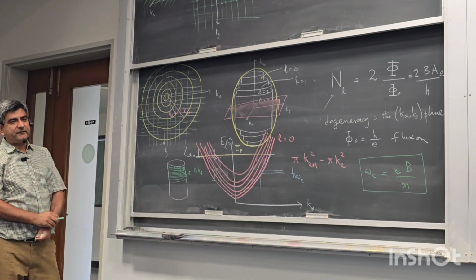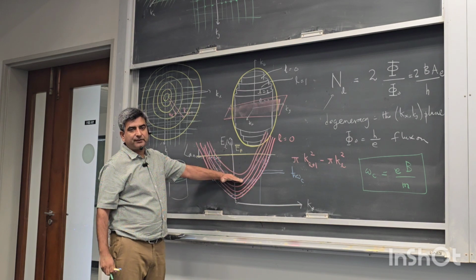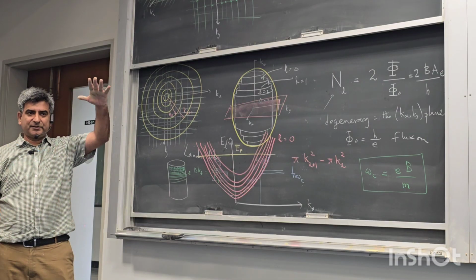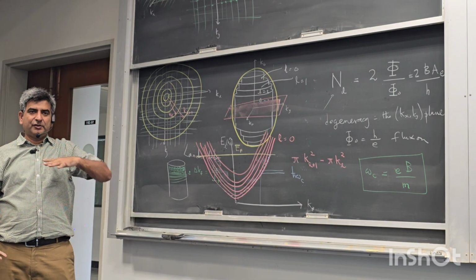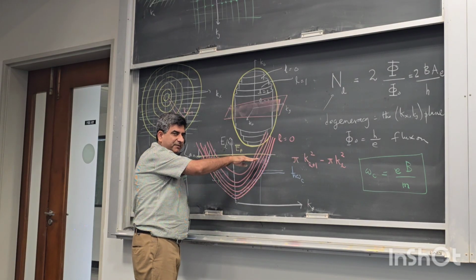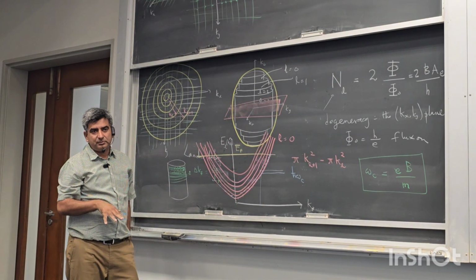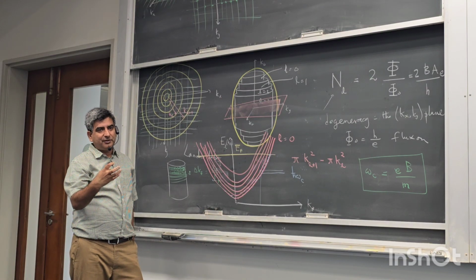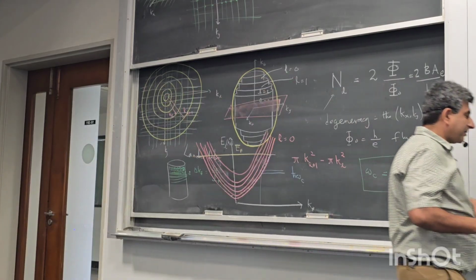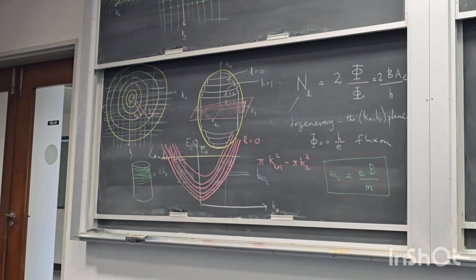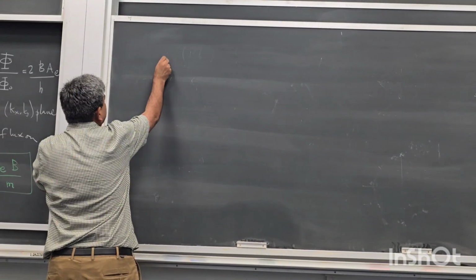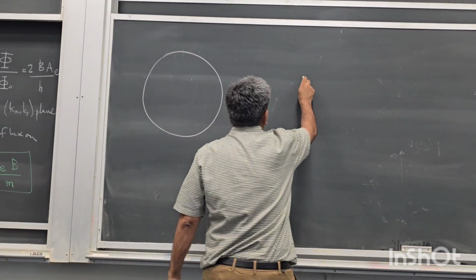Now if I were to increase the magnetic field, what's going to happen to these Landau levels? They're going to be dilated, further and further apart. So when that happens, the maximum L that can be accommodated within the same Fermi energy is going to drop. Fewer Landau tubes will now fit inside the Fermi sphere. So if I were to draw this diagrammatically in terms of the K-space structure, let me first draw the Fermi sphere, and let me draw the same Fermi sphere again.